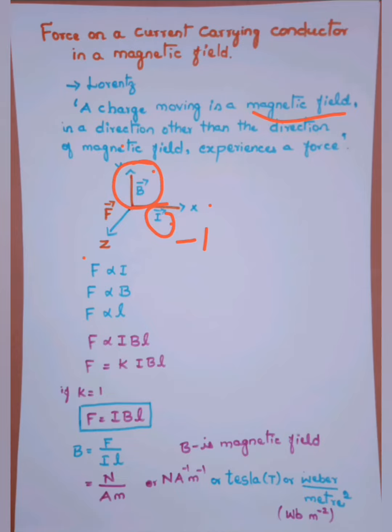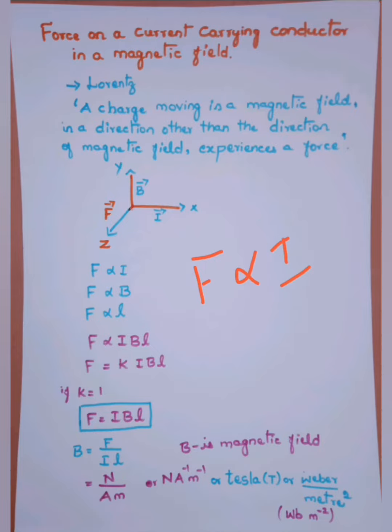Other than these two directions there exists some force F. That experiences a force. That force is called the Lorentz force, and we can denote this like this, where that force is directly proportional to I. What do you mean by this directly proportional?